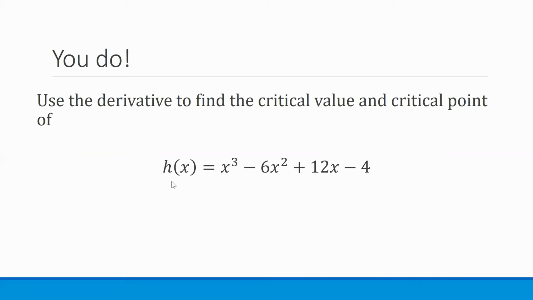Here is our function h of x. x to the third minus 6x squared plus 12x minus 4 is our function. We start by taking the derivative of that function.